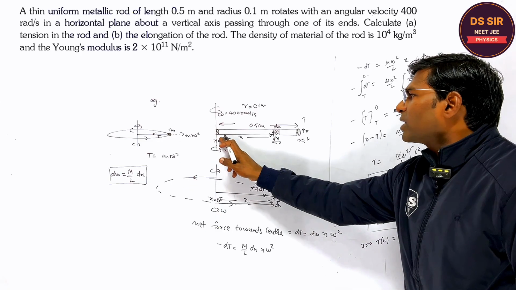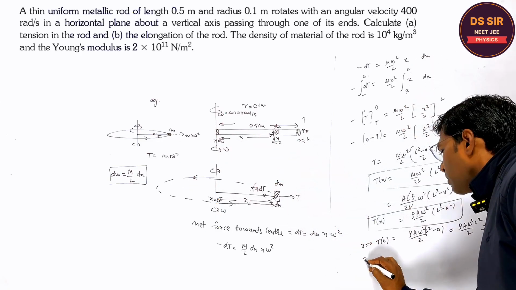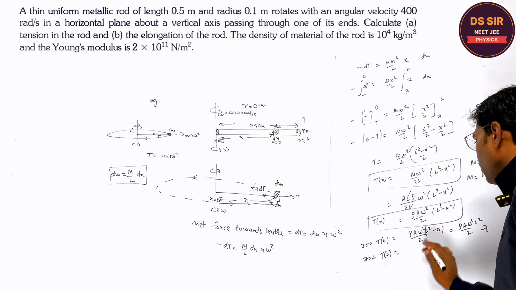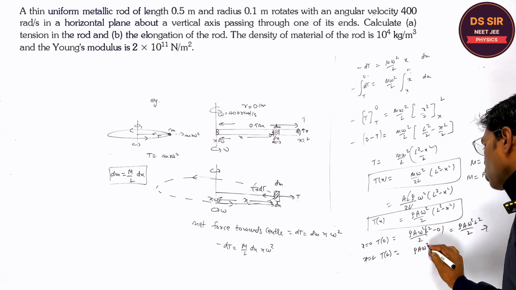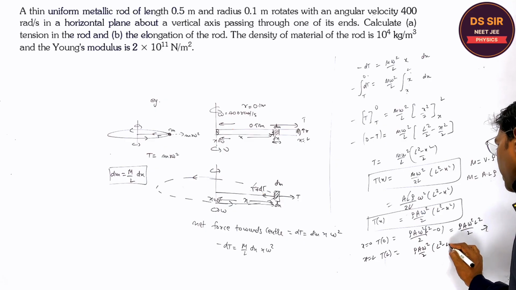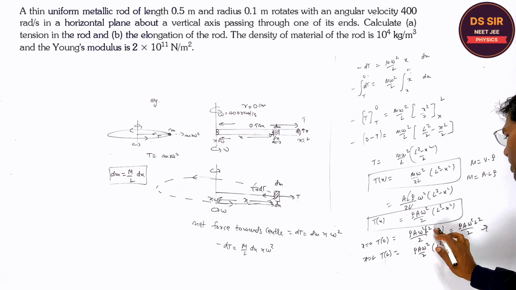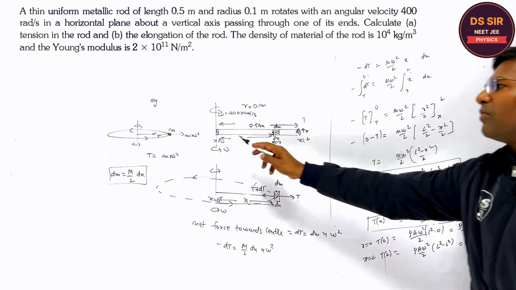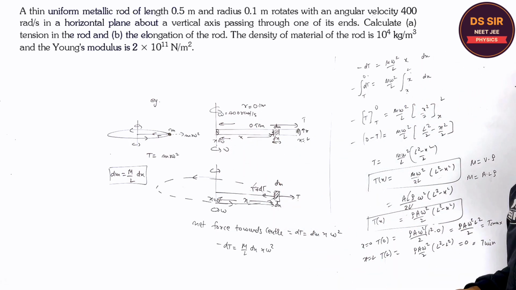And if you put x is equal to L, that is at the one end, the tension becomes rho A omega square by 2 into L square minus L square. It is 0. So this is the minimum tension here, and this is the maximum tension at the other end. Is it clear or not?